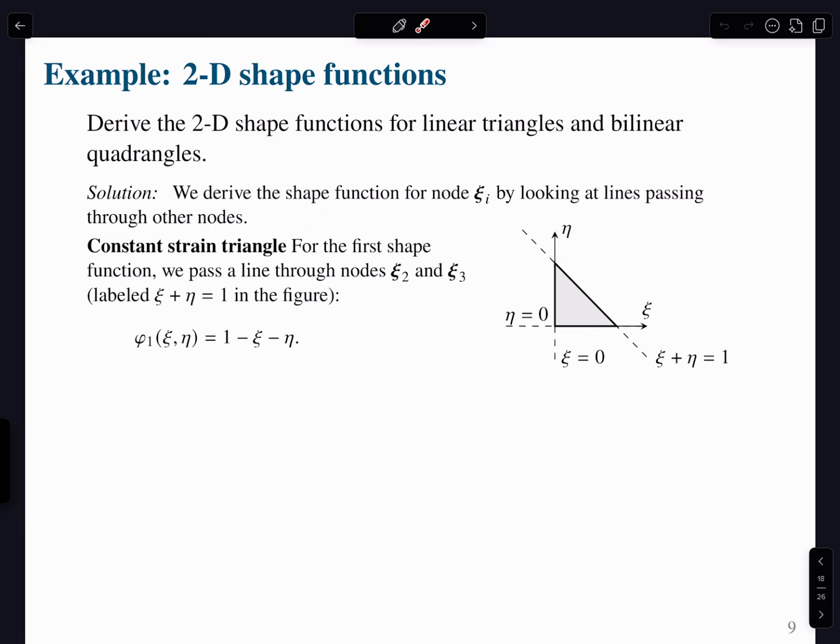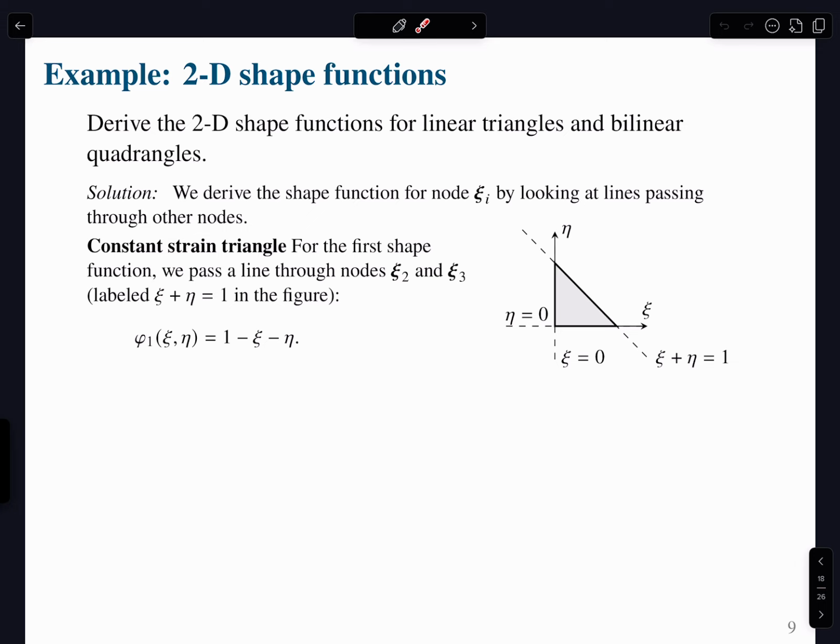Okay, well, now let's do it together, because now that we understand the principle, I just need to come up with the line that goes through the other nodes, so that their distance is 0. So if I want the shape function for this guy, I have to come up with a line that passes through these two nodes, and that is which line?